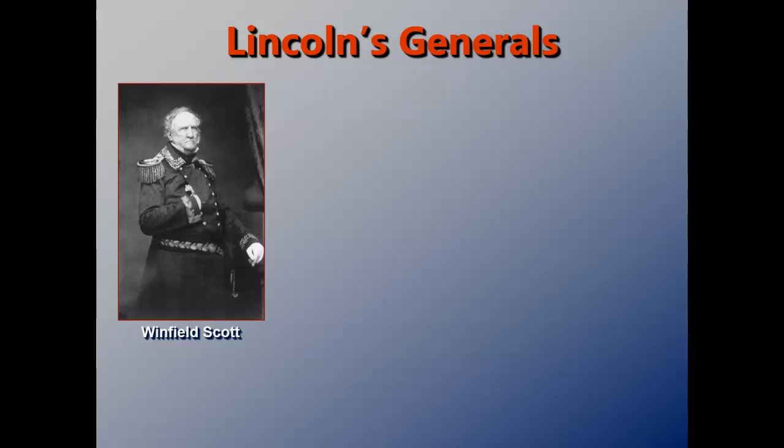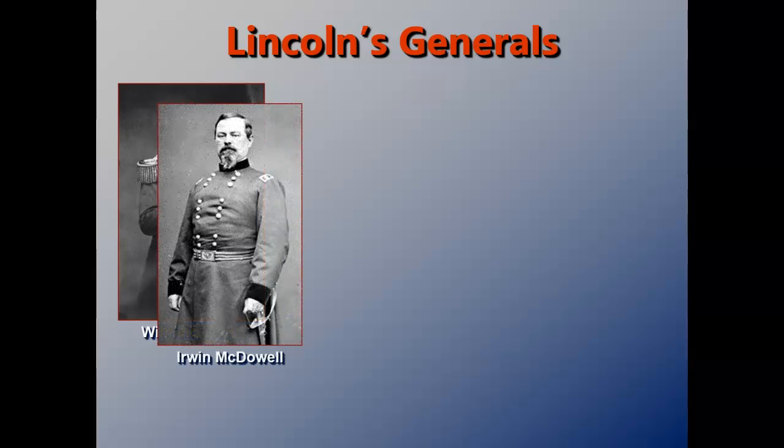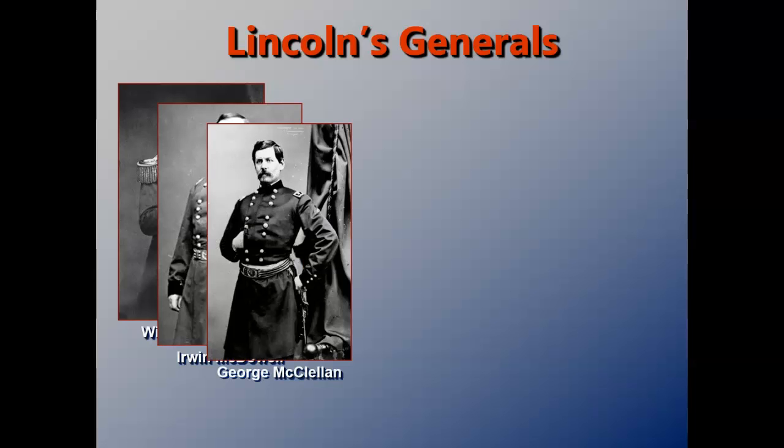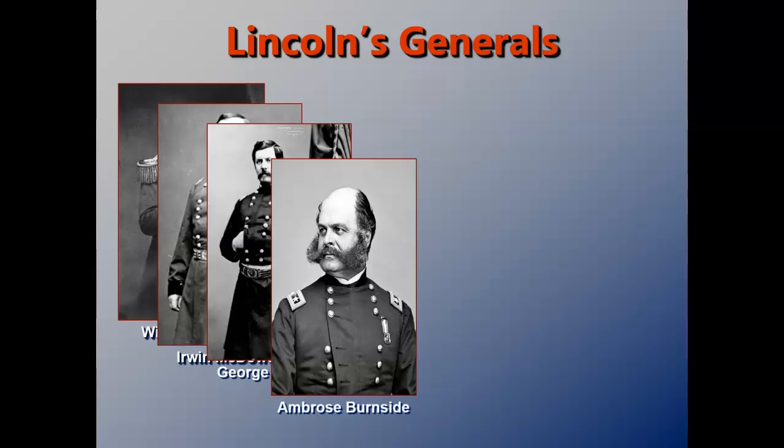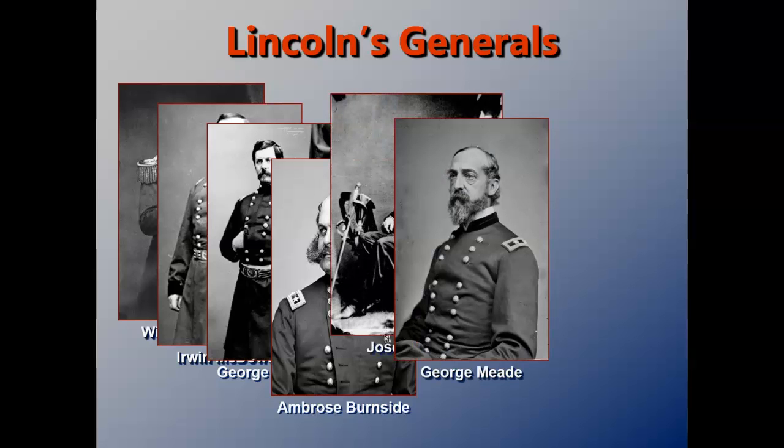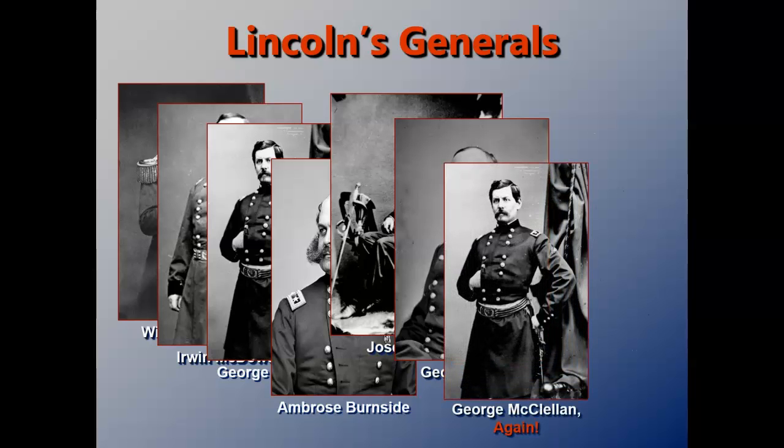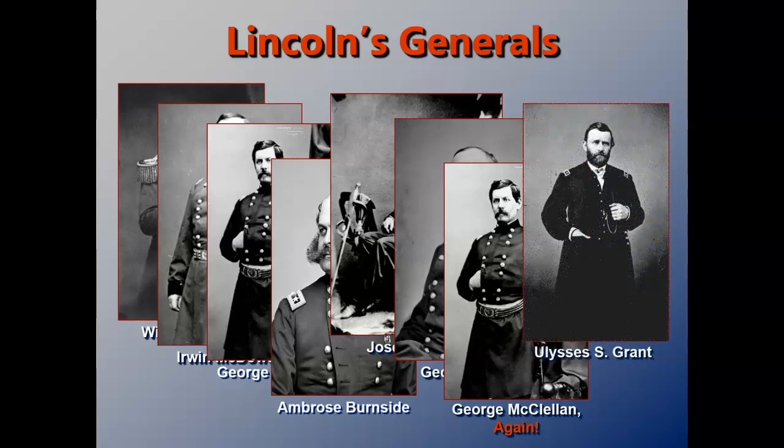Lincoln will be impatient with many of his generals. Throughout the war, you're going to see him go through several major leaders of the Army. He'll start out with Winfield Scott and the Anaconda Plan. He will move to McDowell, then later to George McClellan, then to Ambrose Burnside, Joseph Hooker, George Meade, back to McClellan again, and then finally, late in the war, Ulysses S. Grant.